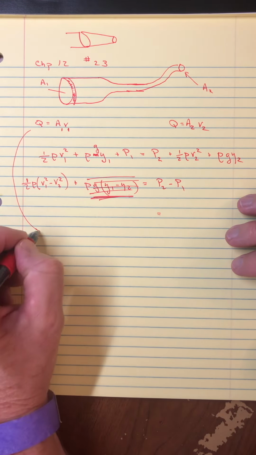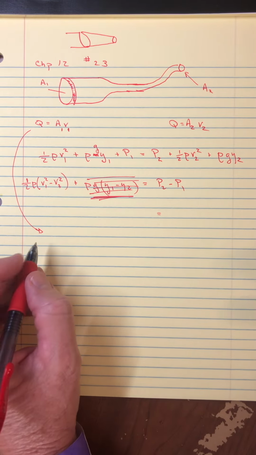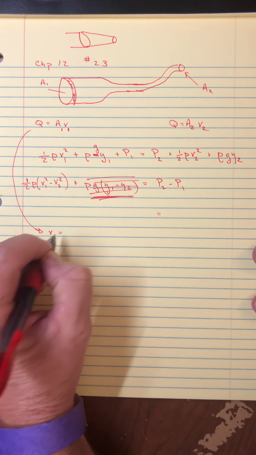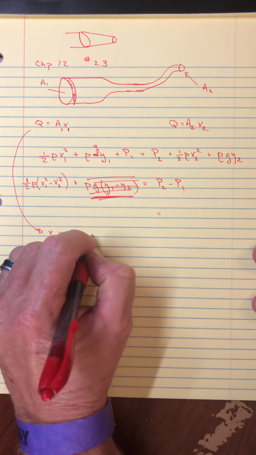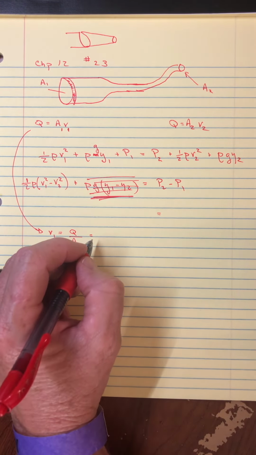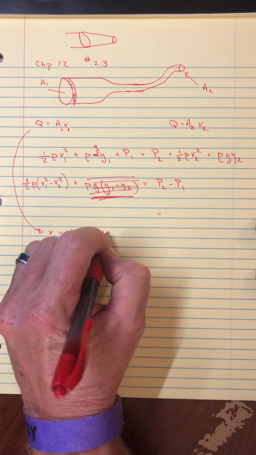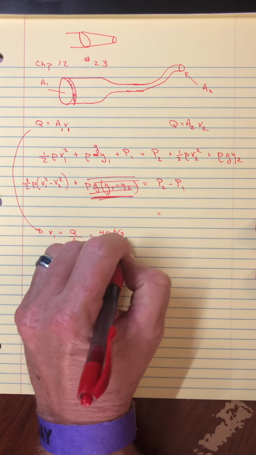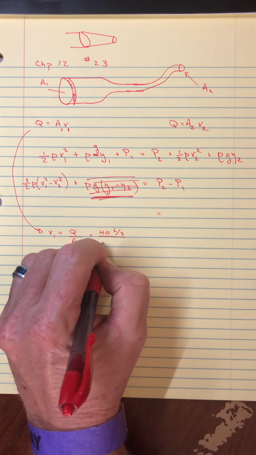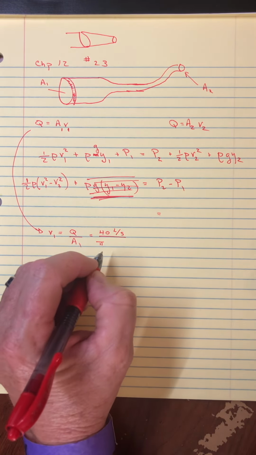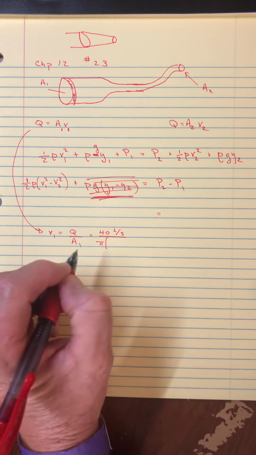So let me use the continuity equation and say the velocity would be Q over area 1. They made it very clear that it was 40 liters per second. And then, of course, the area would be pi times the radius squared.